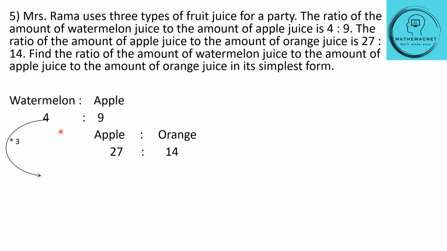So by doing that you will get one single ratio for apple, which will be 4 into 3, which is 12, is to 27, that is you are multiplying 9 into 3, and then orange 14 we will write as it is. So the ratio will be 12 is to 27 is to 14. So this is the ratio of watermelon juice to apple to orange in its simplest form.